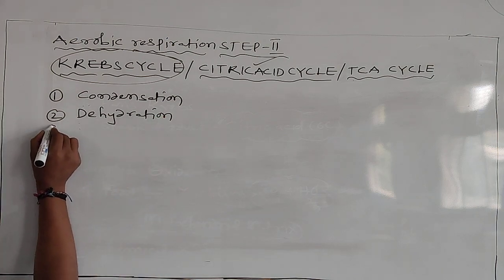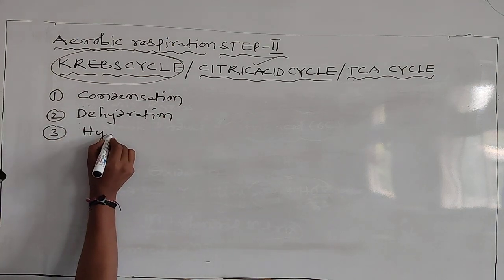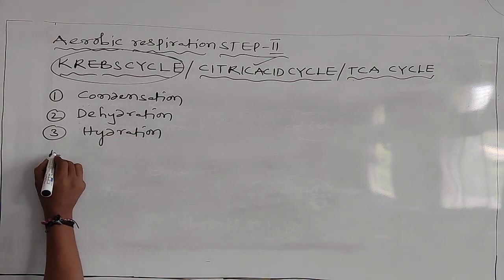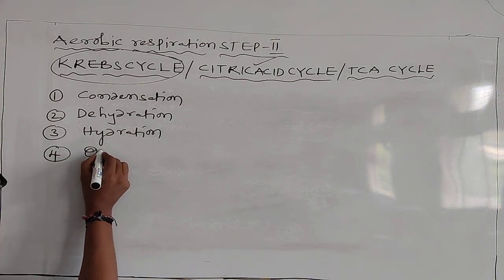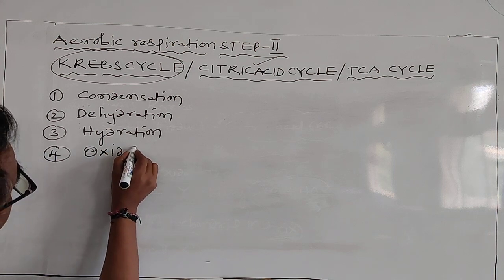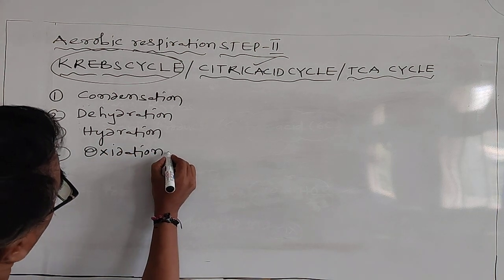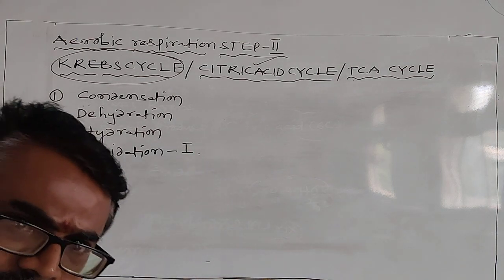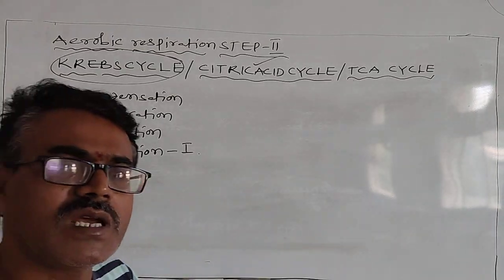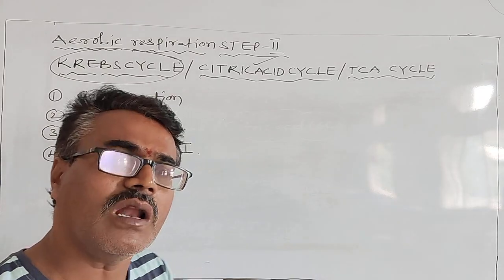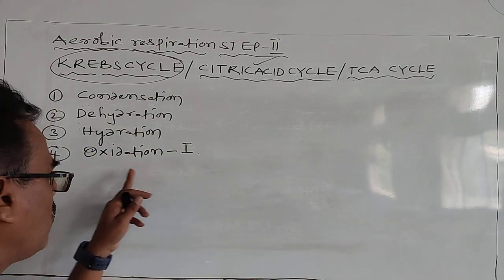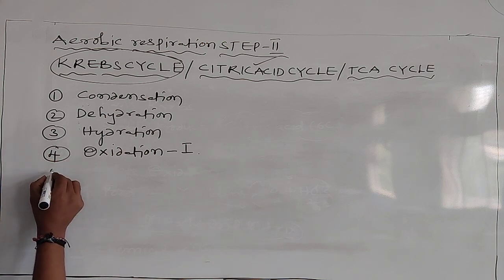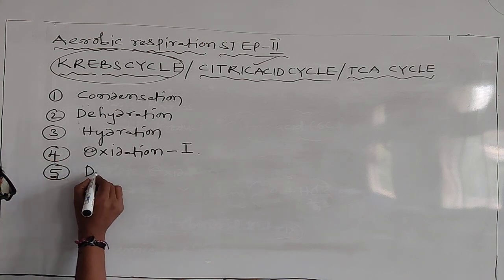The third one is hydration. Next, the fourth one is oxidation 1. Out of 10 chemical reactions, 4 are oxidation, so this is the first oxidation, the 4th step. Next, the 5th one is decarboxylation.